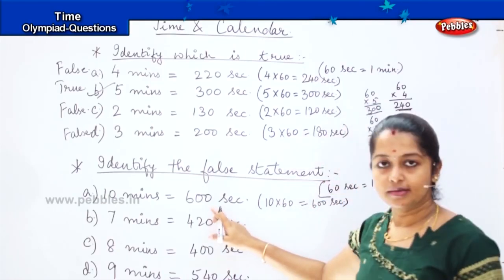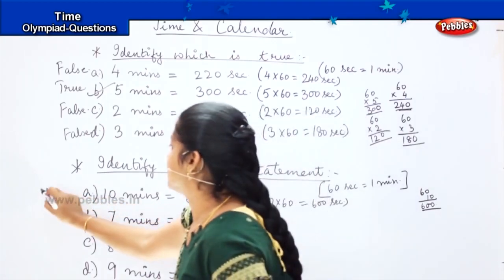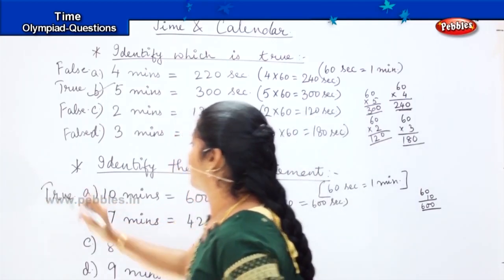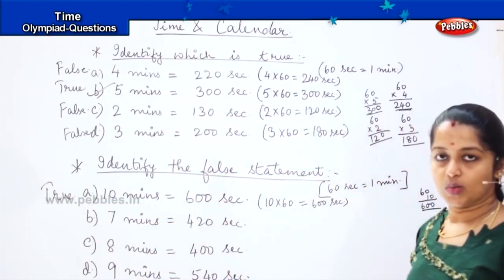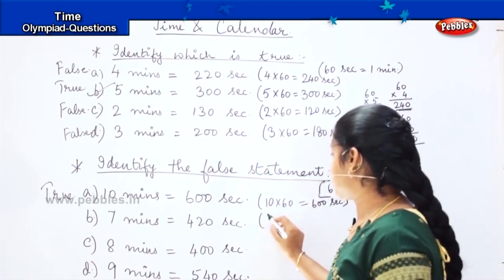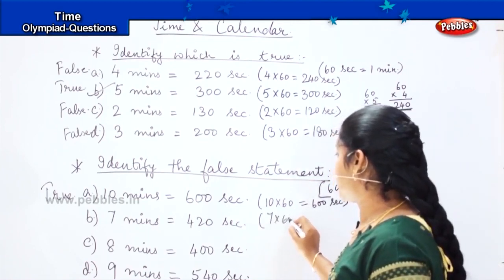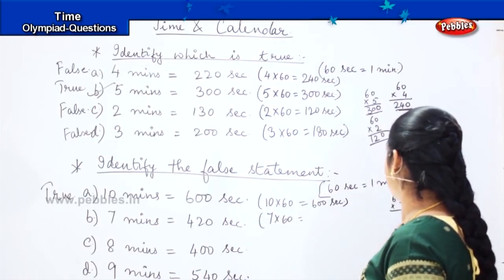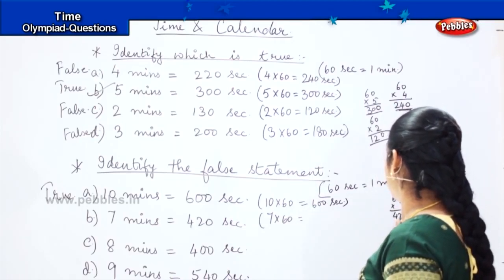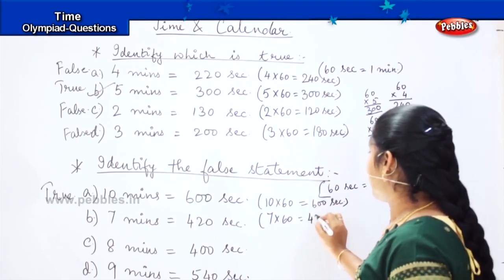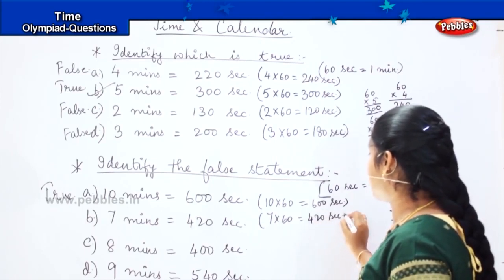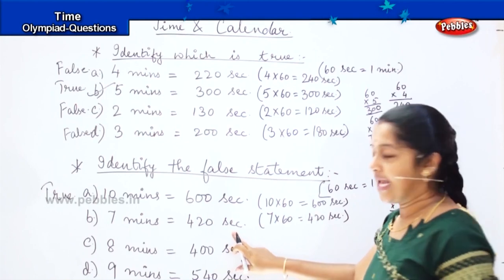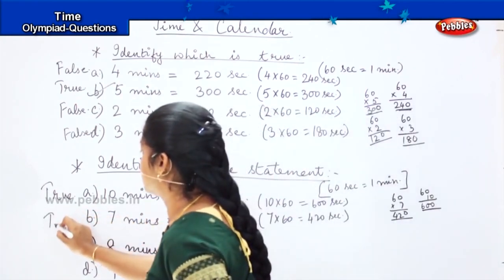The given answer is 600, so that is true. Coming to the next one, it says 7 minutes, so 7 into 60. 6 sevens are 42, so it should be 420 seconds. Same, right? So it is true.